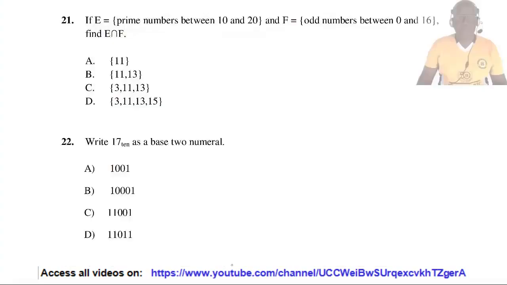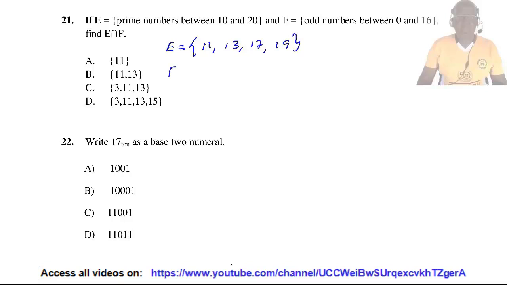Question 21. If the set E equals prime numbers between 10 and 20, and the set F equals odd numbers between 0 and 16, find E intersection F. The set E, which is prime numbers between 10 and 20, will be 11, 13, 17, and then 19.